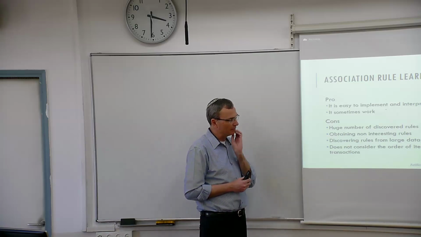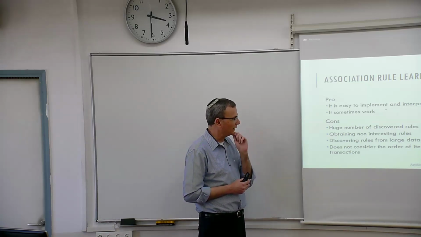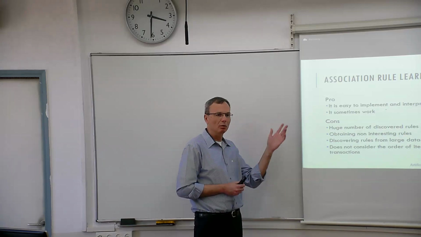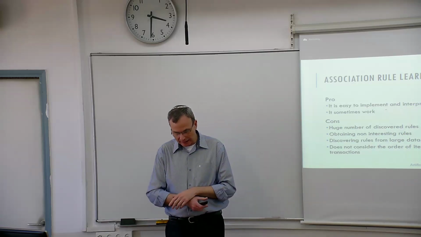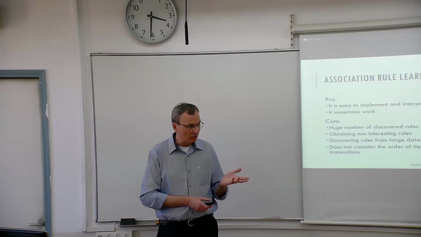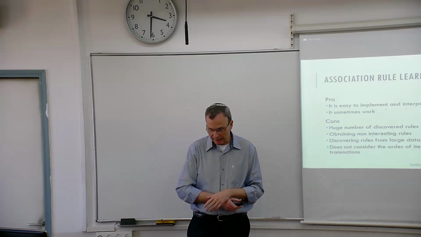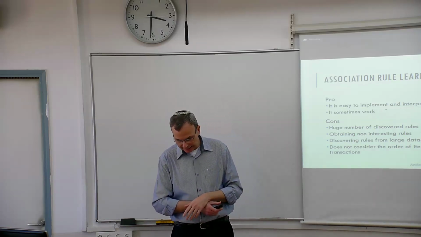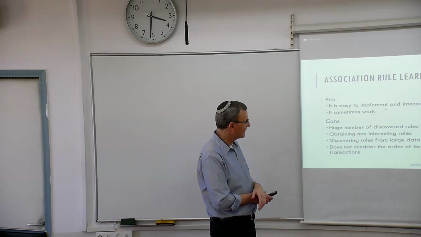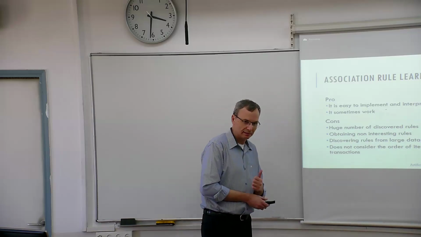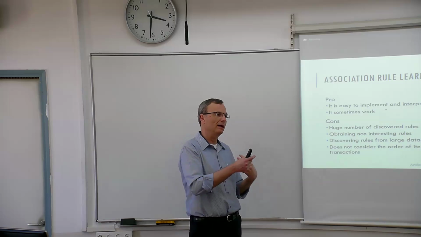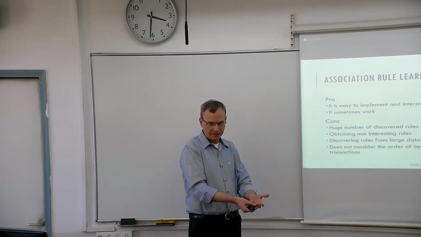I saw several examples of people trying to apply this method. They come up with so many rules that mean nothing. It takes a lot of time to do this analysis, and it doesn't say anything about the order, because I always said that people who buy bread also buy cheese.